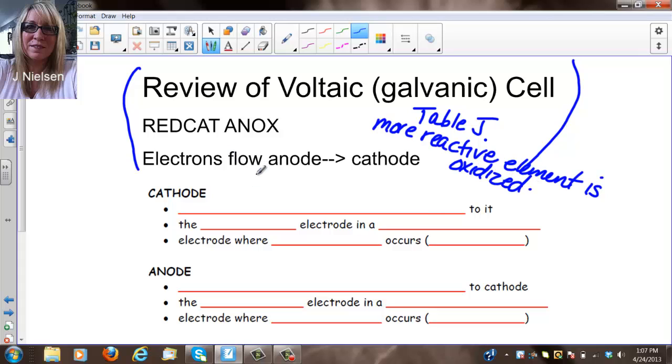Another thing that we have to remember is that the cathode spontaneously attracts electrons because the cathode has a positive charge. So it spontaneously attracts electrons to it. And this is the positive electrode in a voltaic cell.